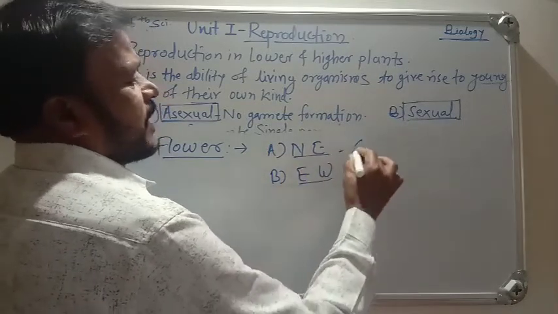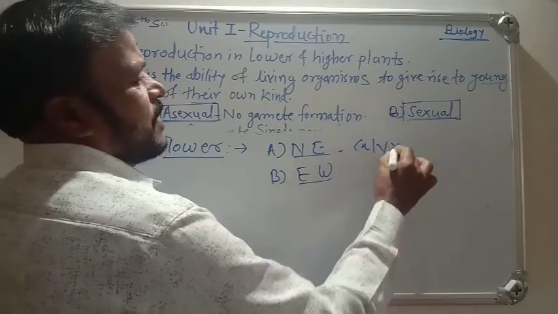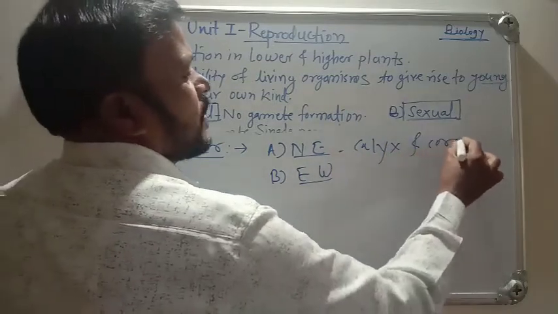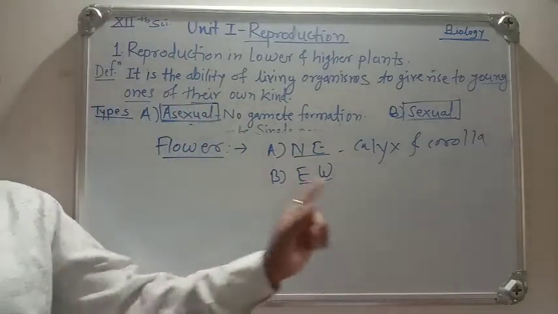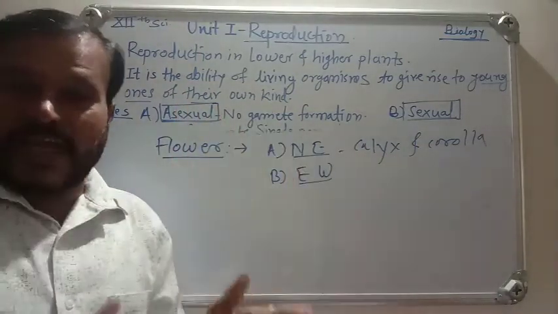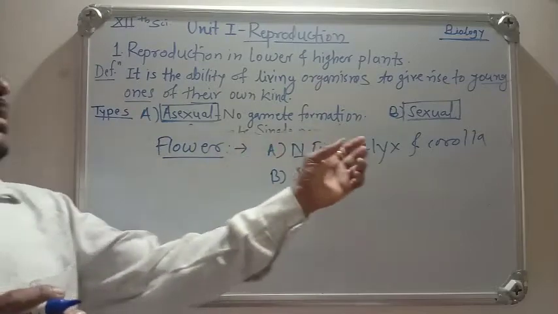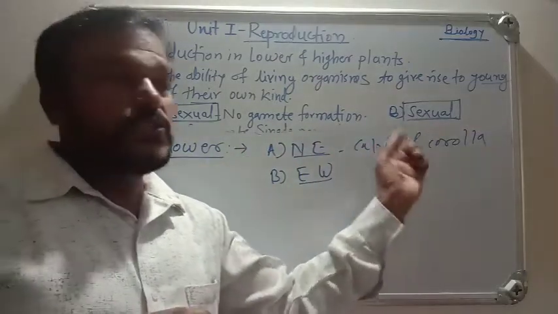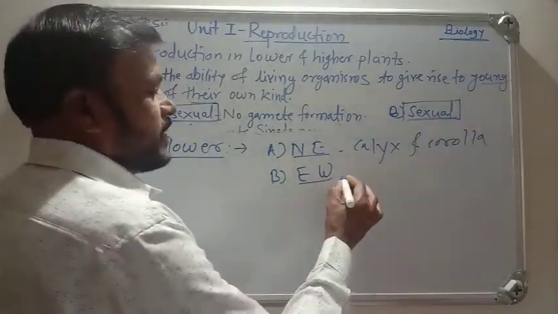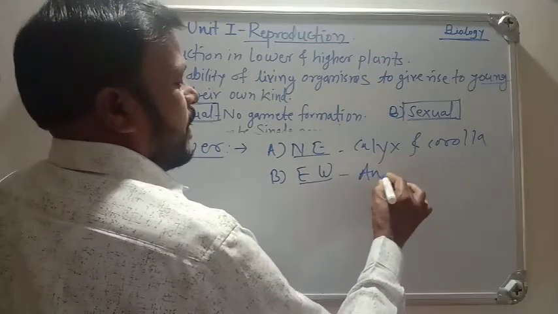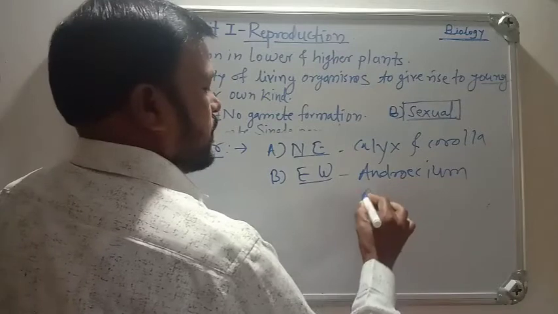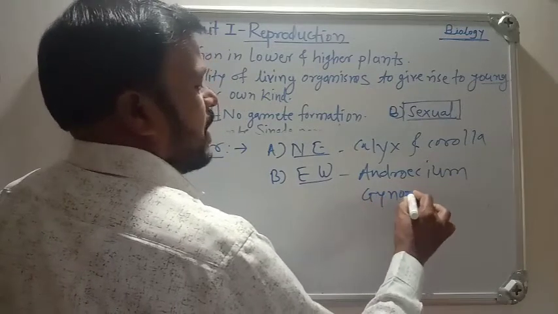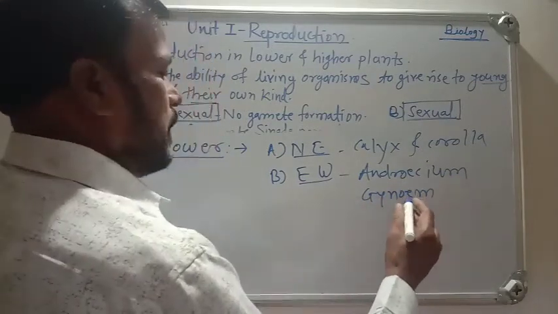The non-essential whorls are the calyx and corolla. We have already studied in detail each and every part of the calyx and corolla, their structures, arrangement, functions, and individual members. And the essential whorls are the androecium and gynoecium, that is, the male and female reproductive units.